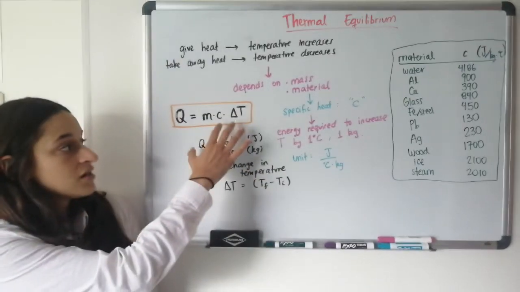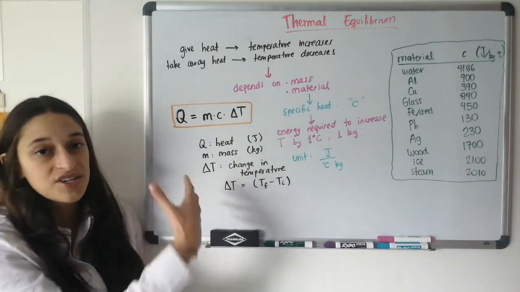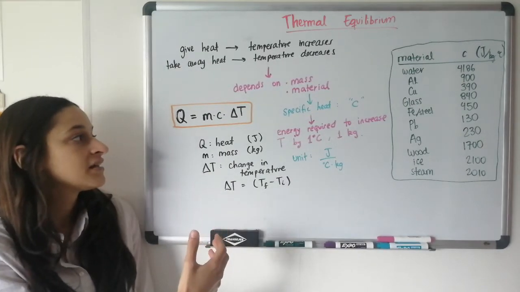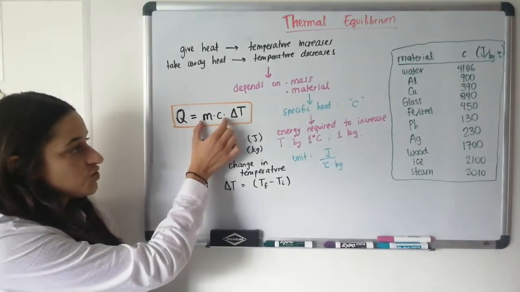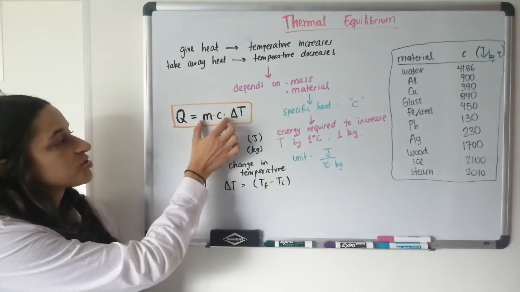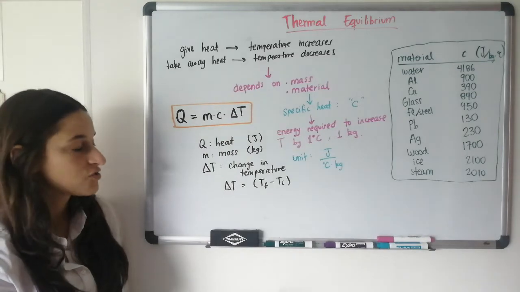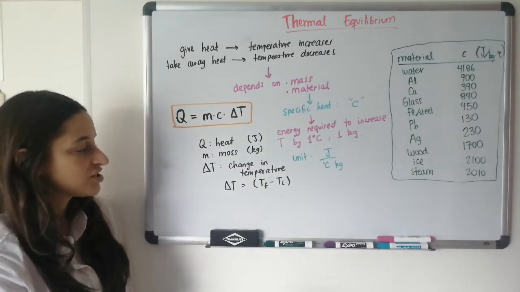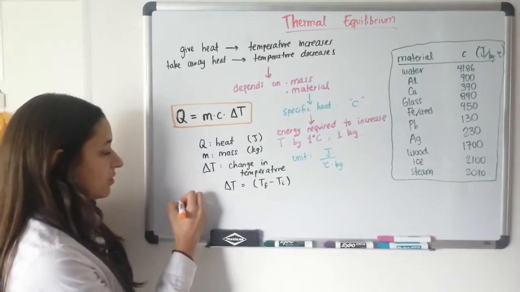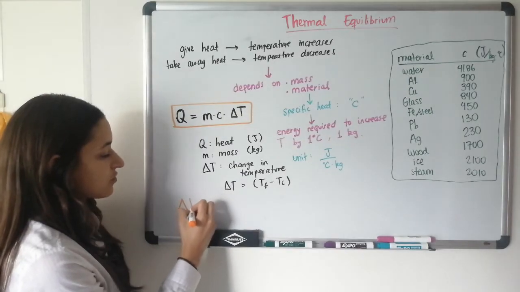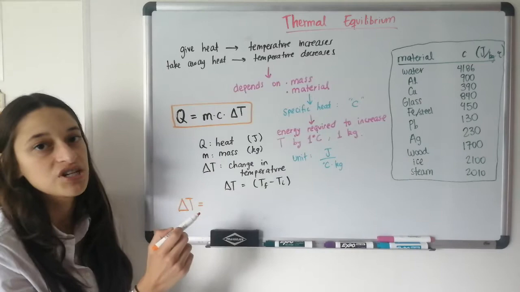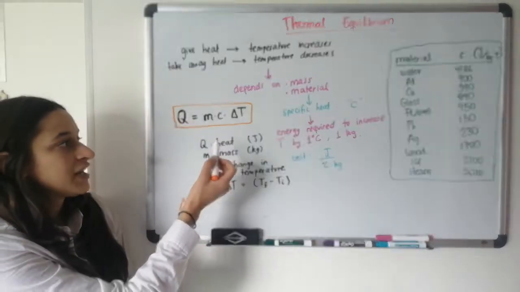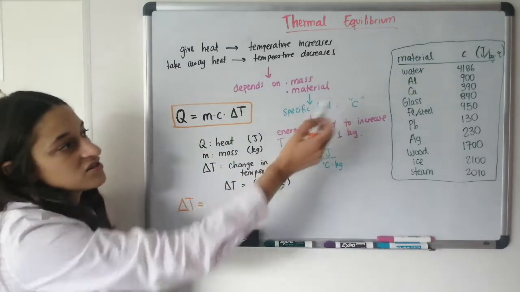Of course, as always, you can use algebra to rearrange this equation. If you want to find the change in temperature, you can grab these two, which are being multiplied by the change in temperature, and pass them to divide. So if I ask you, what is the change in temperature of water, if I give it an energy Q, and it has a mass M, and the C is the C of water?